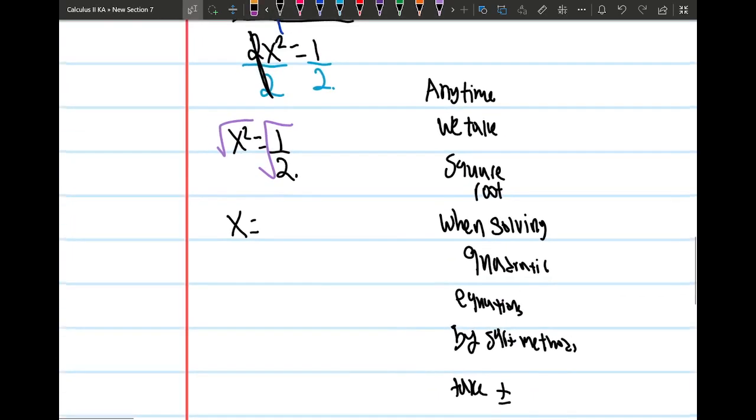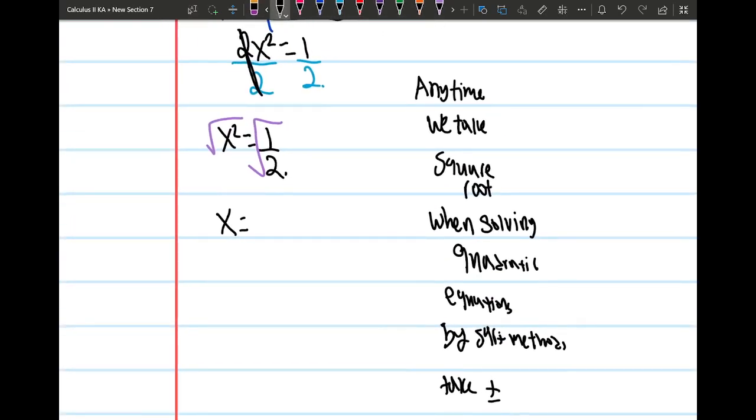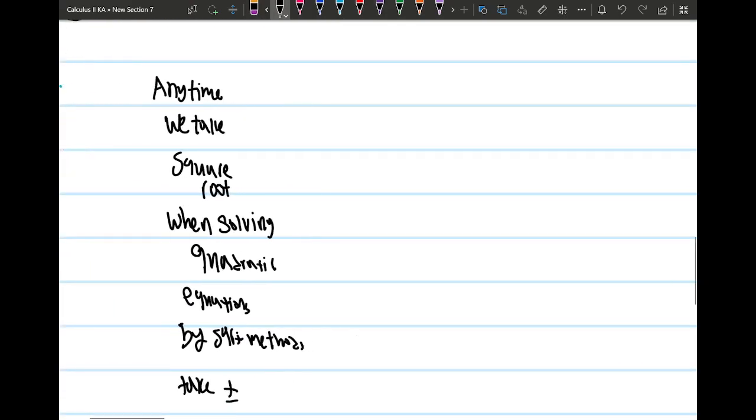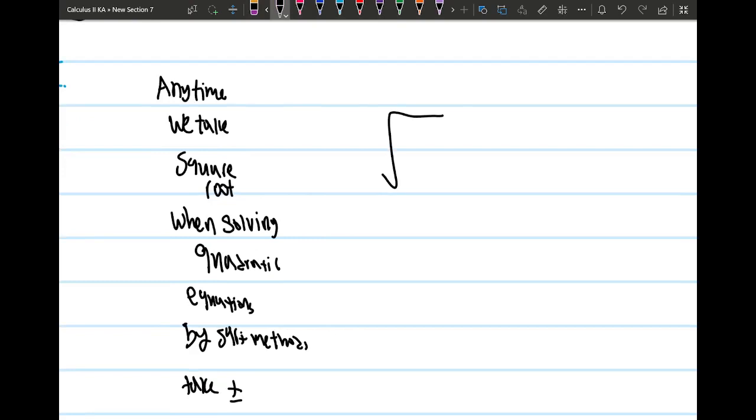So here x is equal to plus or minus, and if y'all don't remember the rule, the square root of a over b is equal to the square root of a over the square root of b.